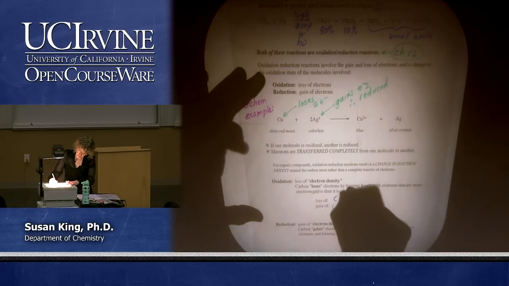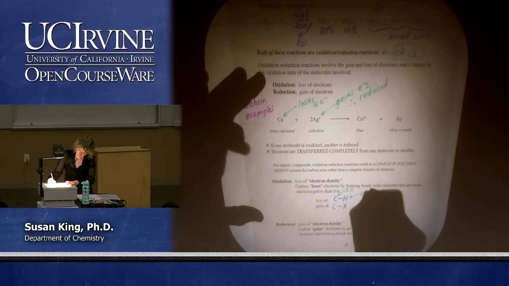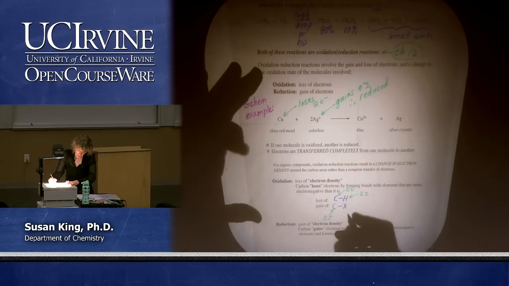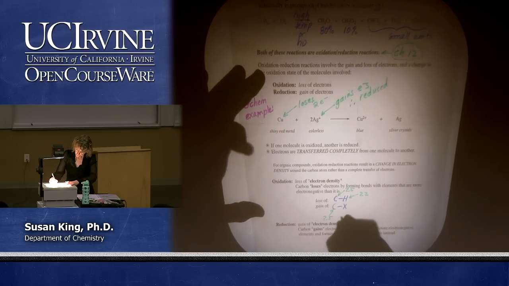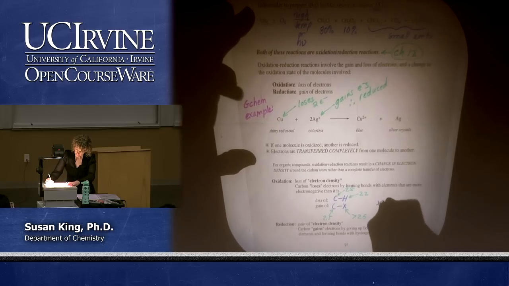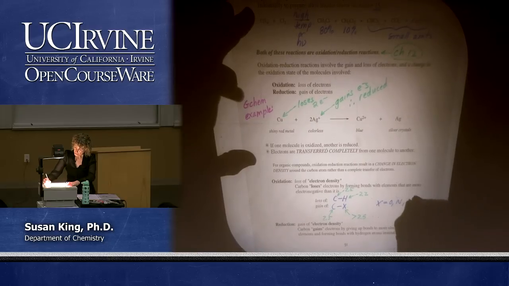So carbon, of course, 2.5 electronegativity, hydrogen 2.2. And we still have carbon 2.5 here. And X is going to be greater than 2.5. So X could be oxygen, nitrogen, halogens.